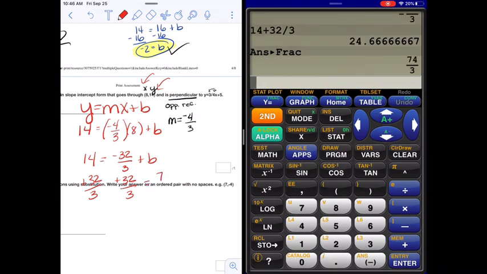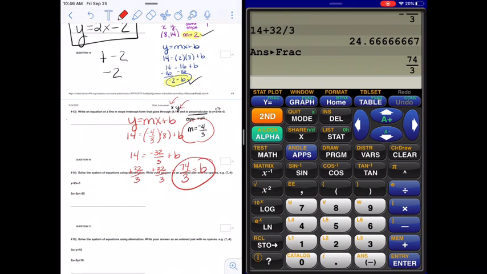And you get 74 over 3, which is just such a weird number, but we're okay with that. So my equation is y equals -4/3 x plus 74/3. And we are going to be okay with those weird numbers.